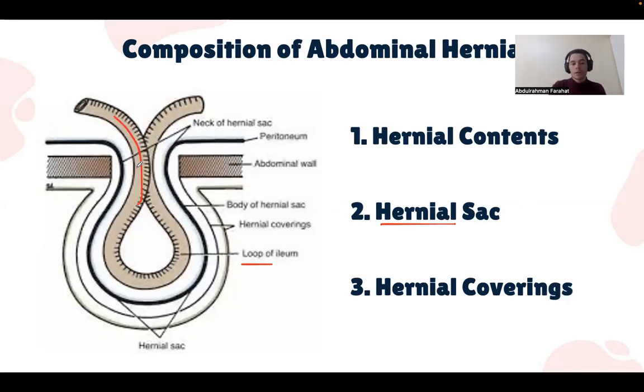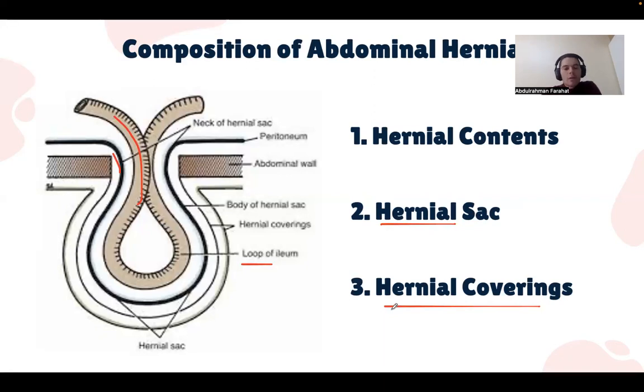Once it protrudes, the hernial sac has two parts: the neck and the body. The neck is the region that is compressed, the narrow part. And the body is essentially the hernia itself.